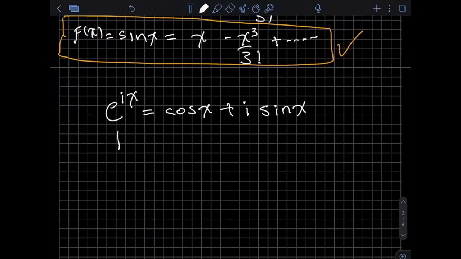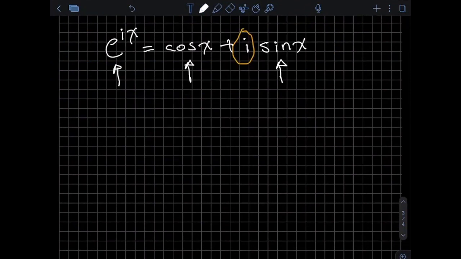So I'm going to substitute here, here, and here. Keep in mind that I'm going to multiply sine x with i. For e to the ix, we have 1 plus ix minus x squared over 2 factorial minus ix cubed over 3 factorial plus x to the power of 4 over 4 factorial.